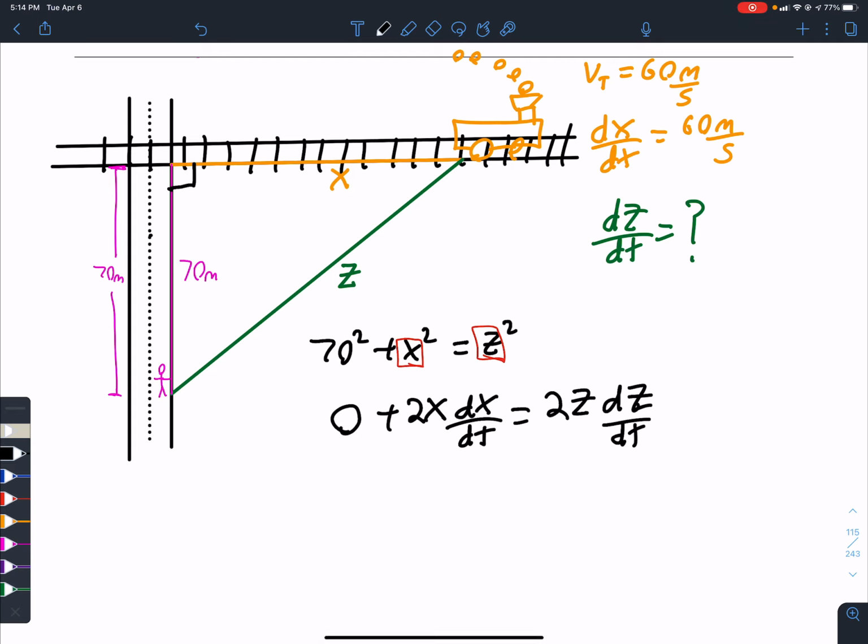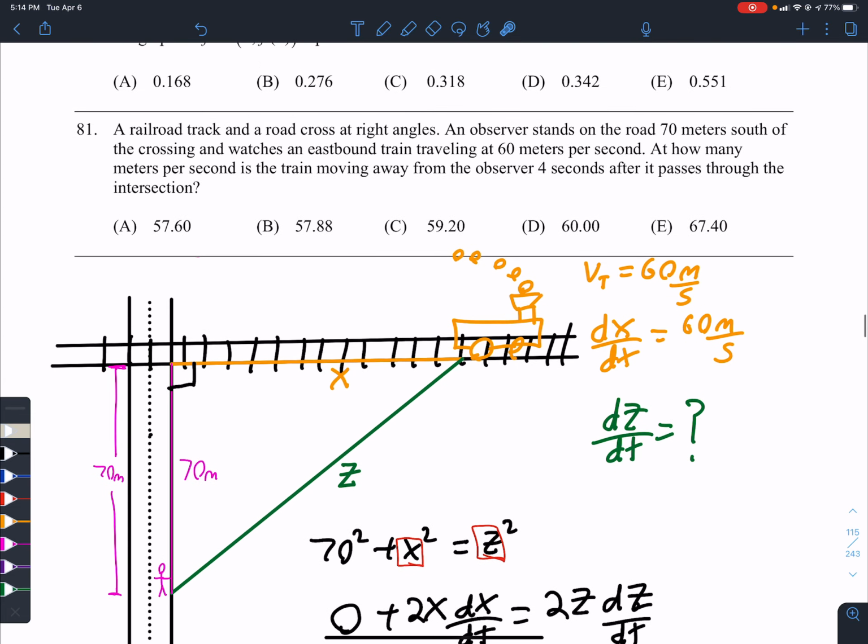Now I'm going to start punching in some values that I know. So what do I know? Do I know x? Actually I do. They told us the train has traveled 4 seconds after it passes through the intersection. It's traveling 60 meters per second. So the position of the train after 4 seconds is going to be 60 times 4, or 240 meters.